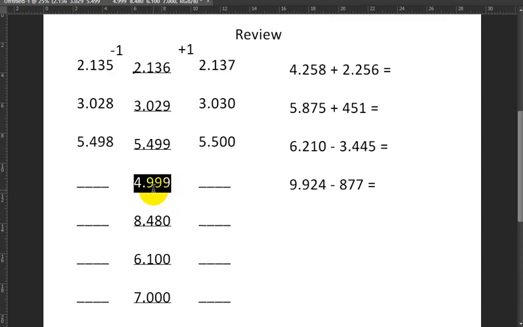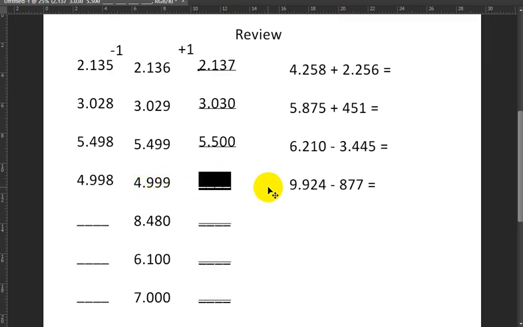We have 4,999. The previous number is going to be, well, just 1 less here. So 1 less than 9 is going to be 8. So 4,998. But then when we look at the next number, what happens is the same as before, right?